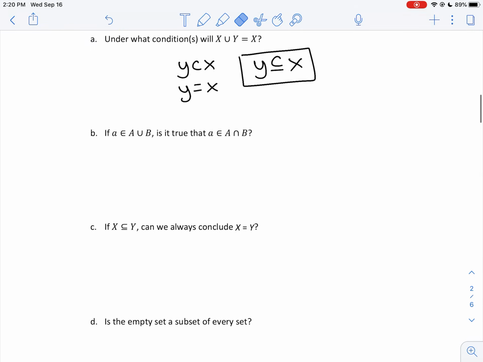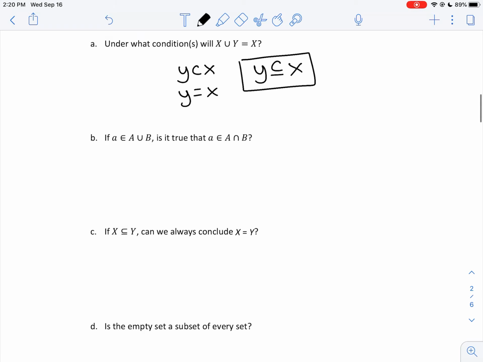Question B, if little a is in the union of capital A and B, is it true that little a is in their intersection? Okay, so if little a is in their union, if this is a false conclusion, then we just got to come up with one counterexample. Let's say that they have a relationship like this.